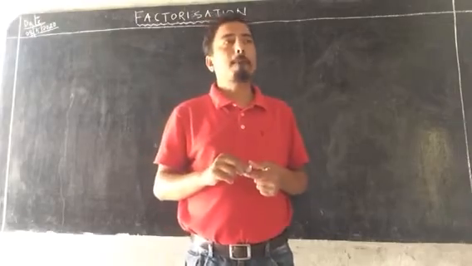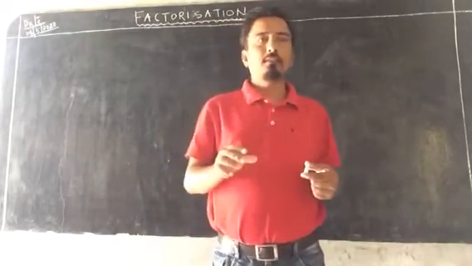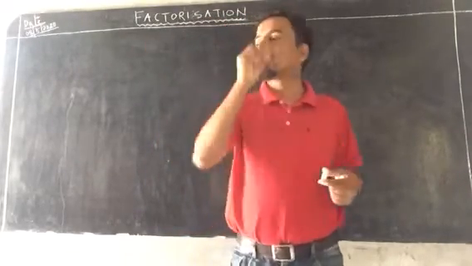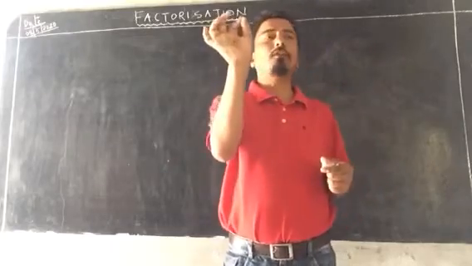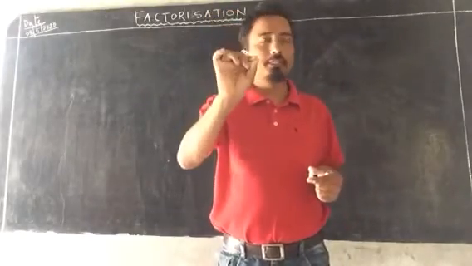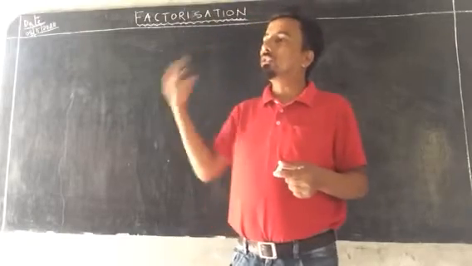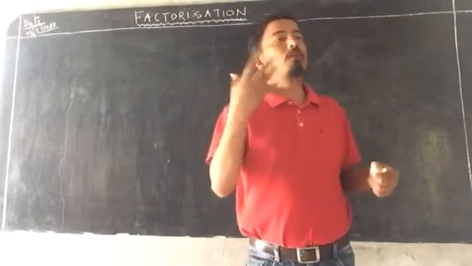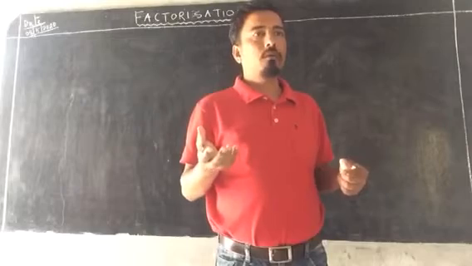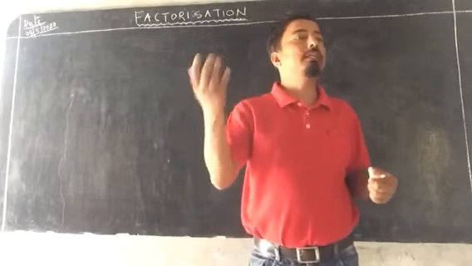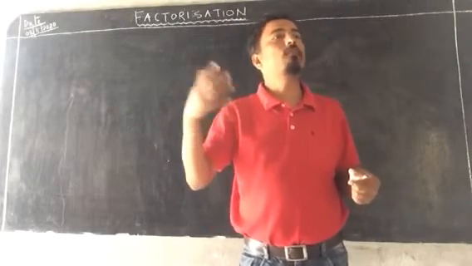Factorization means to split. Very simple definition I want to give you: to split or to write or to express any whole number in the form of a product of its factors.